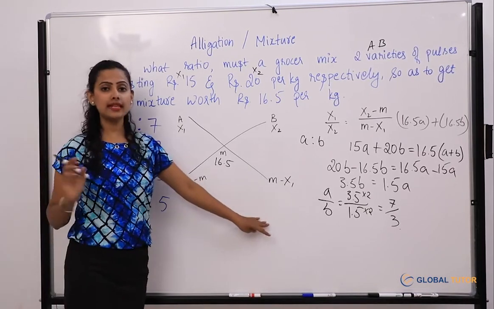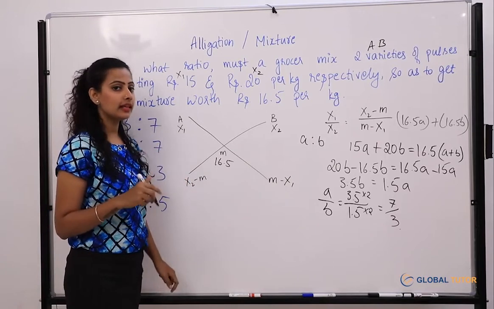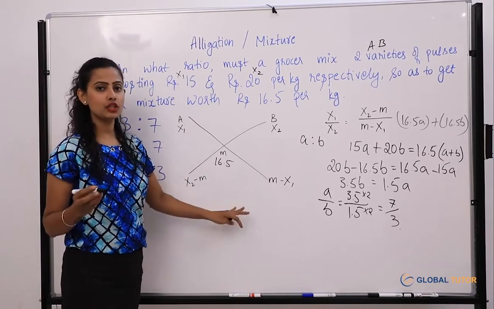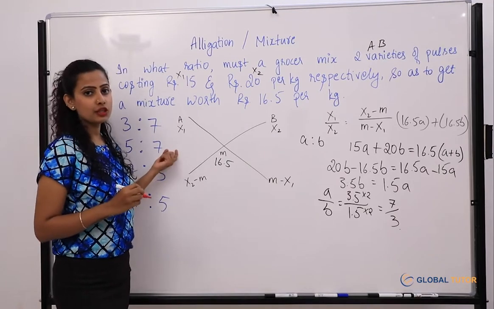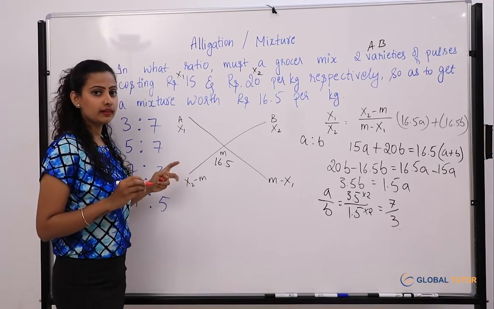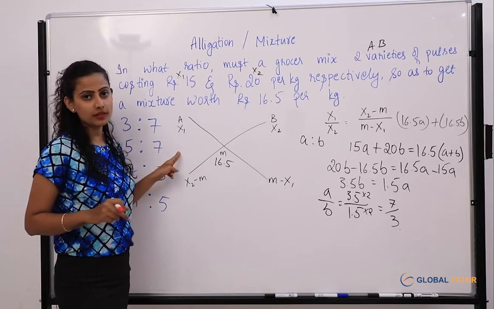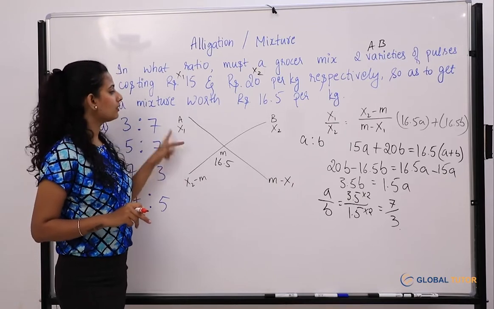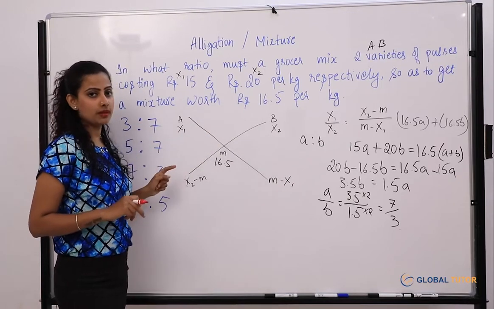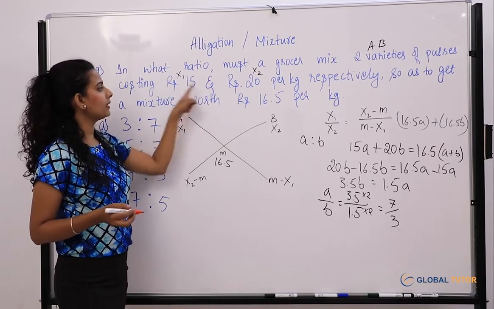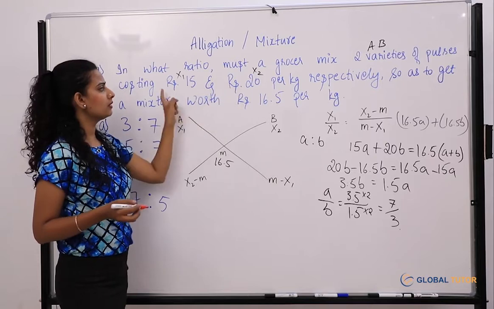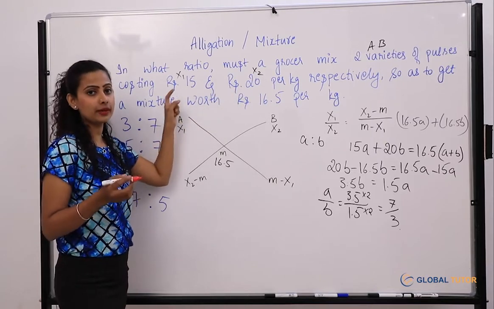Now, this is a standard method. Now, we will see how do we use the alligation method. So, how do we solve this in alligation method? In an alligation method, there is always two substances which are given. Now, let's call the two substances as A and B. Now, in the question they are given the parameter. What is the parameter here? Rupees 15 and rupees 20 are the prices.